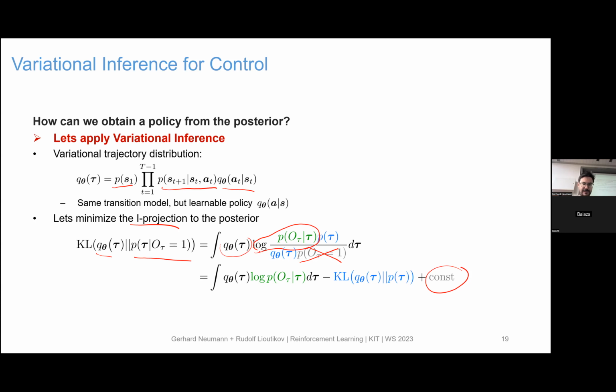And we have a second term in there, which is basically Q of tau log P of tau over Q theta of tau.